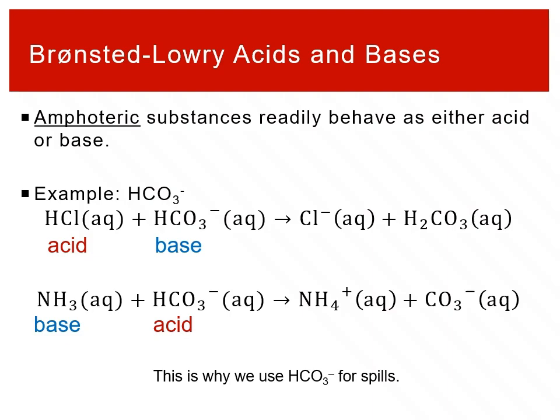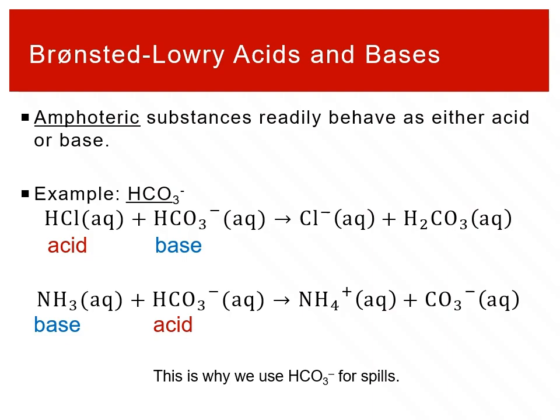One important thing about Brønsted-Lowry descriptions is that a molecule can behave as either an acid or a base depending on the context. In Arrhenius definitions, you're linked to water, just what does it do to water? It's binary, it's either an acid or a base. But here we can see something like HCO3 minus, so bicarbonate. Bicarbonate has a hydrogen in the front, like we associate with acids, but it also is an anion, which is a characteristic common among bases.